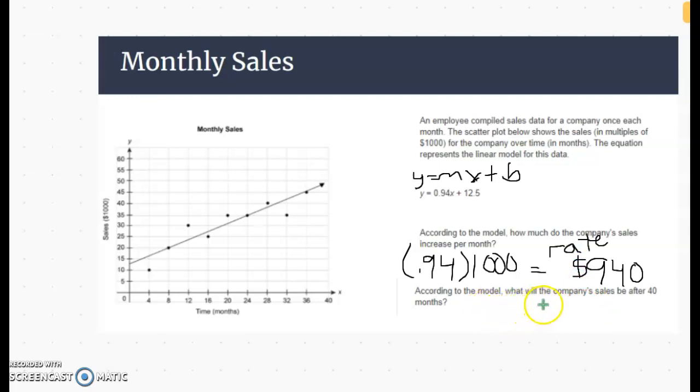According to the model, what will the company sales be after 40 months? So we will plug the 40 in for x, so we get 0.94 multiplied by 40 plus 12.5.